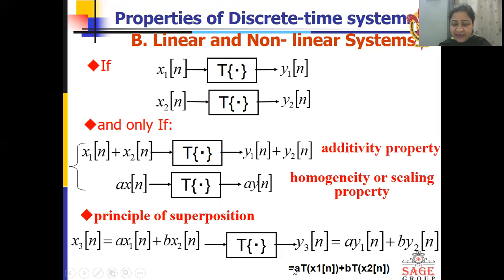That means a T[x1[n]] plus b T[x2[n]]. That means two outputs multiplied by the same scaling factors are added together. This should be the output. So this is known as the principle of superposition. If any system obeys this principle of superposition, that system is known as a linear system.